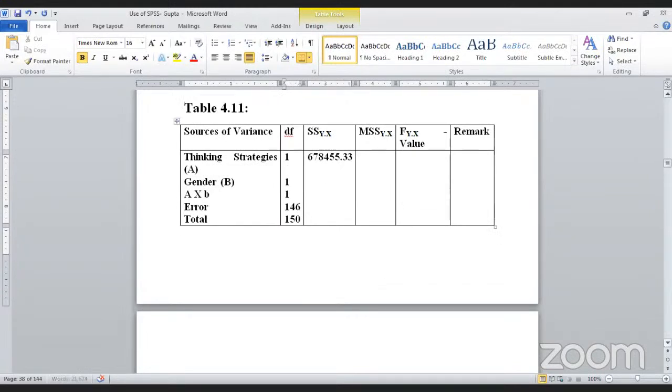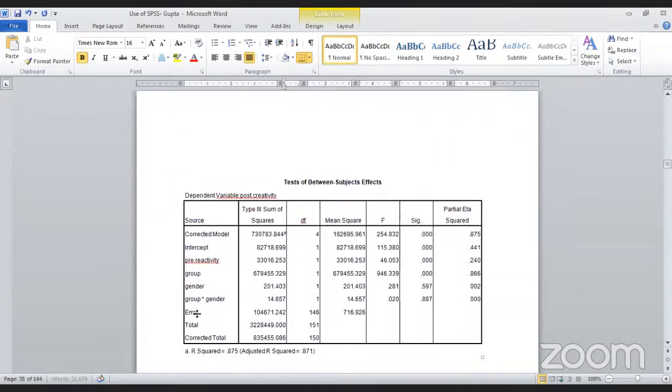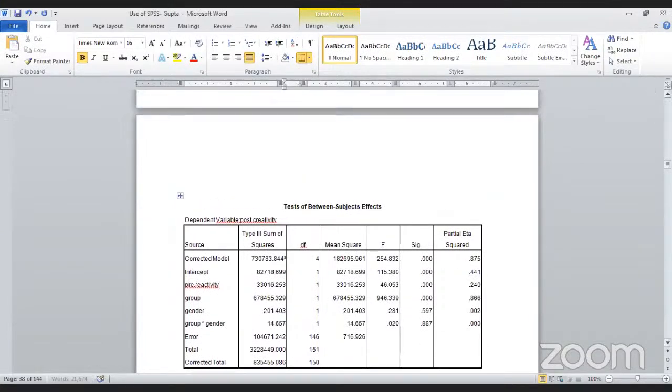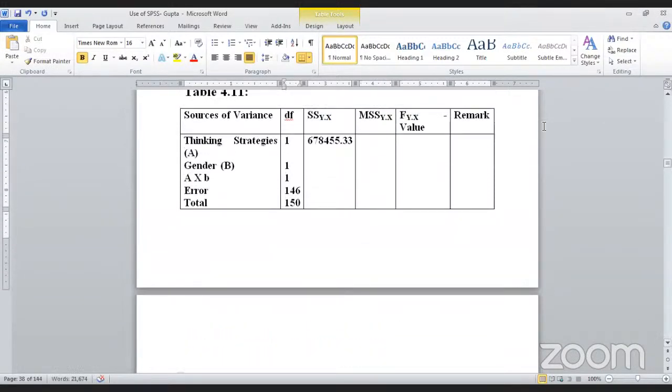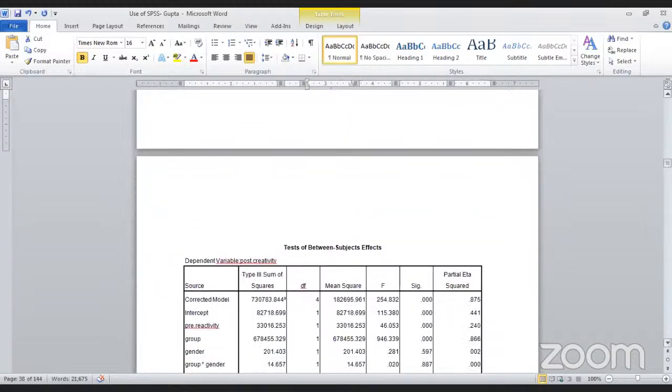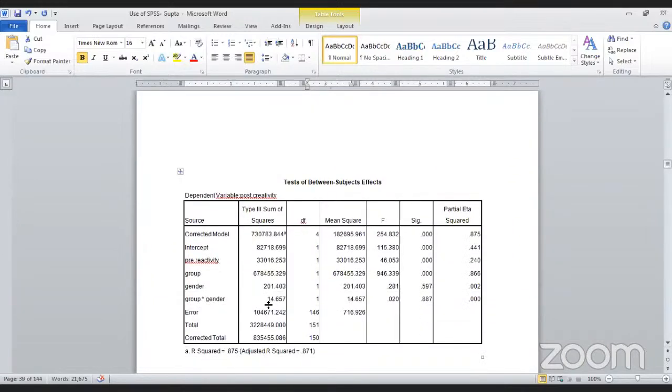Then for gender it is 201.40. And for interaction it is 14.657.